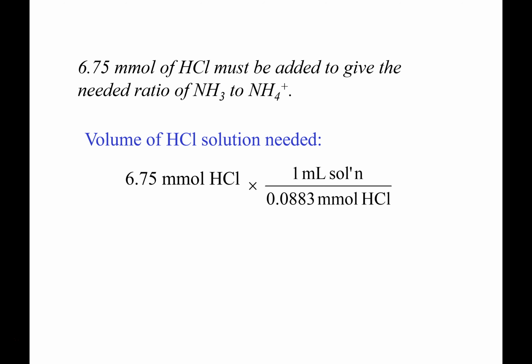Units of millimoles of HCl cancel, we're left with units of milliliters, which is perfect. With 3 sig figs, you're looking at 76.5 milliliters of that strong acid is what you would need to dump into that weak base to get just the right amount of conjugate acid formed. It's magic.